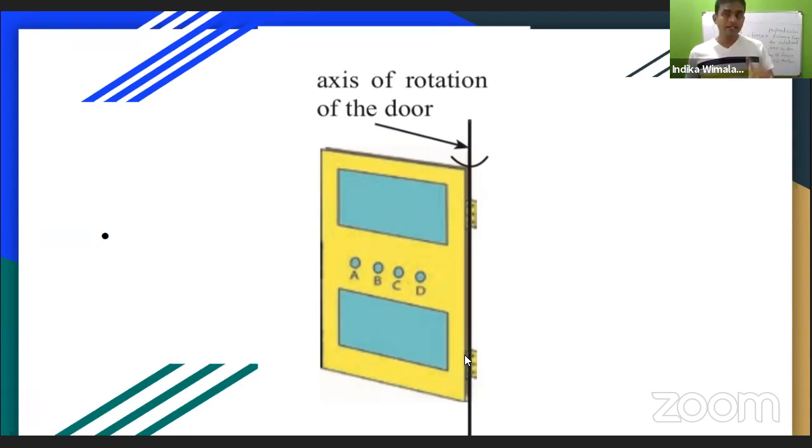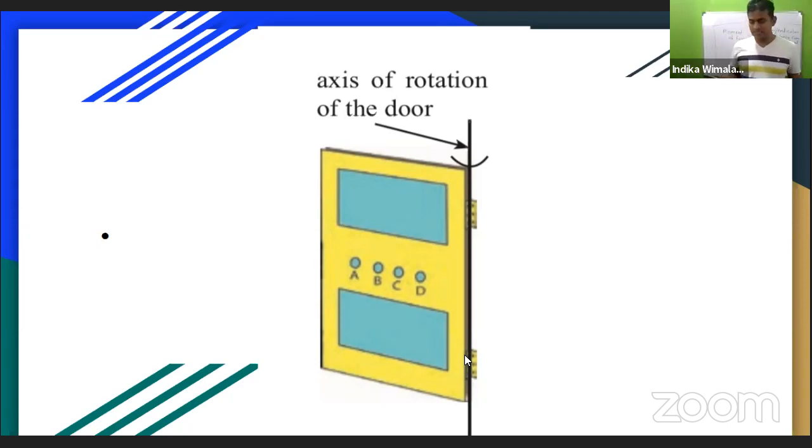Now there is another part given in the tute. The tendency for rotation due to the action of a force is known as the turning effect of the force. Sometimes you may be asked what turning effect means.